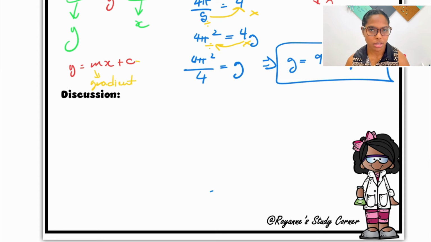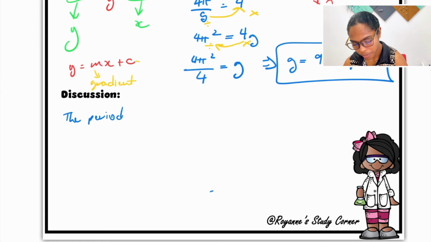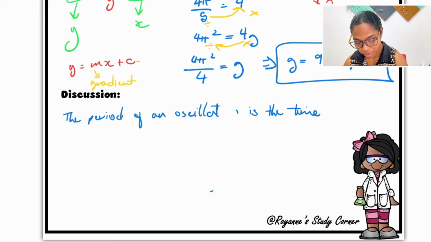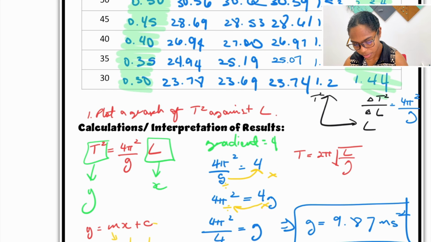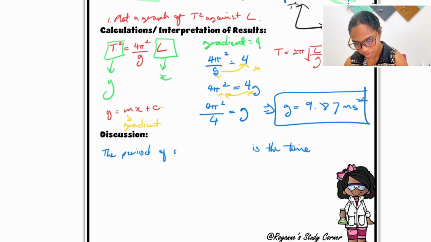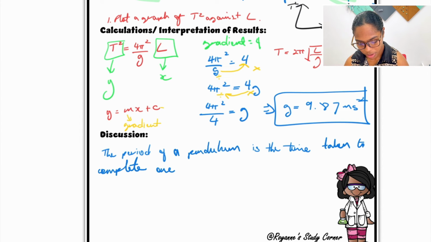You don't have to do this, but for being thorough for your sake, to give you a better idea of what we might come up with, I will say the period of a pendulum is the time taken for one oscillation, or time taken to complete one oscillation.